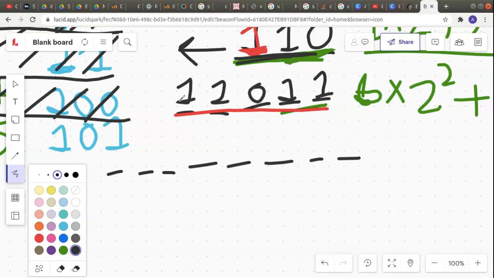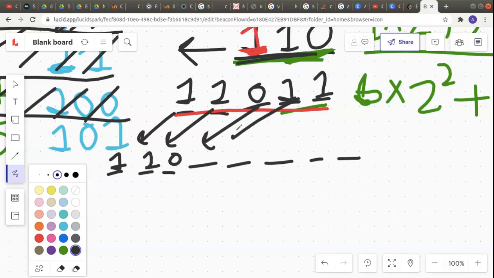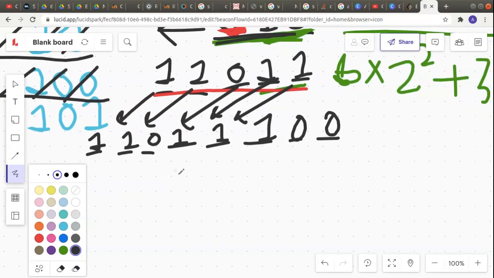Okay, so I shift them by three places and I place those digits here. So I shift this one here, this one here, this 0 here, this one here, and this one here, and now I add the number 100 that I took just now in the end. Okay, so now I get this number.